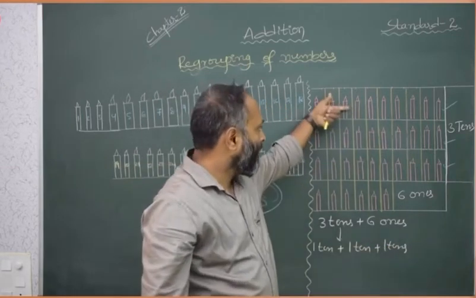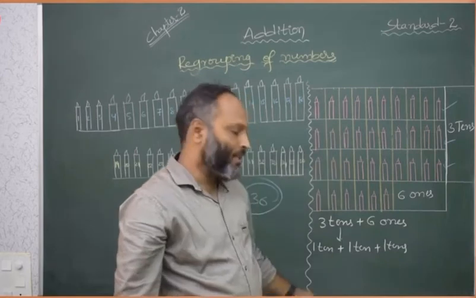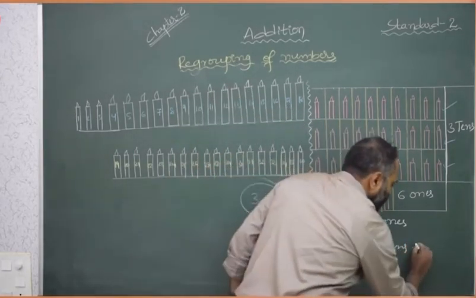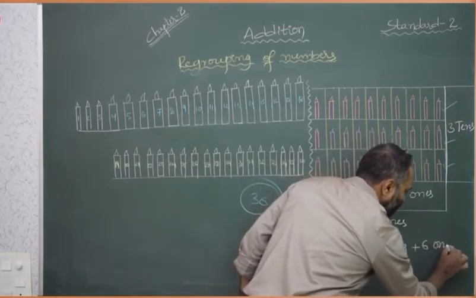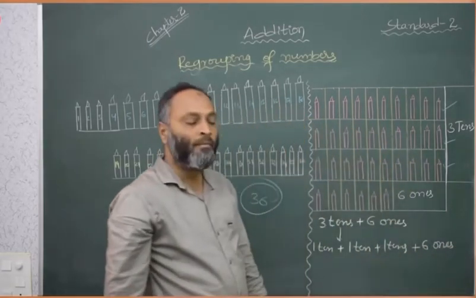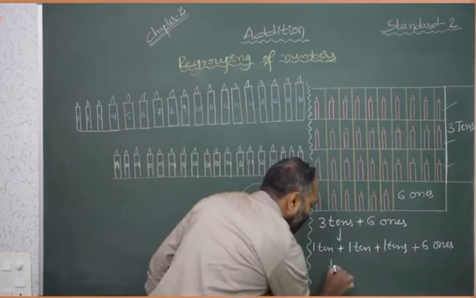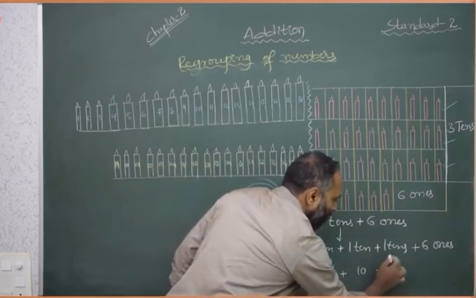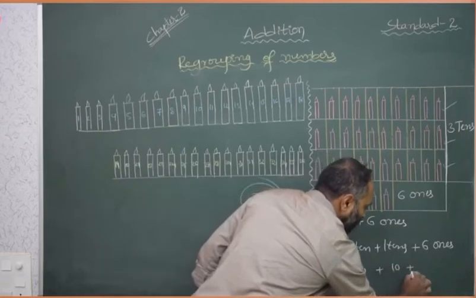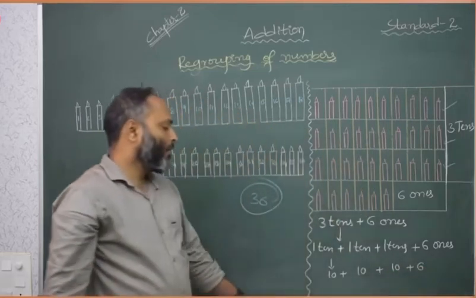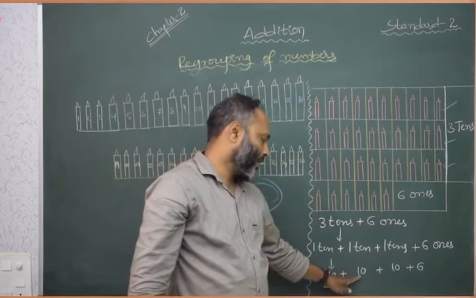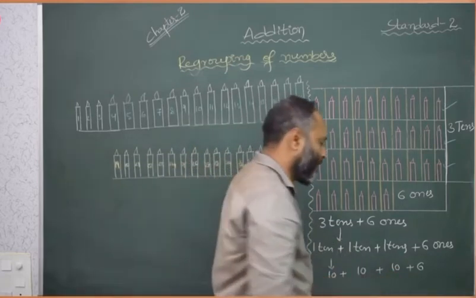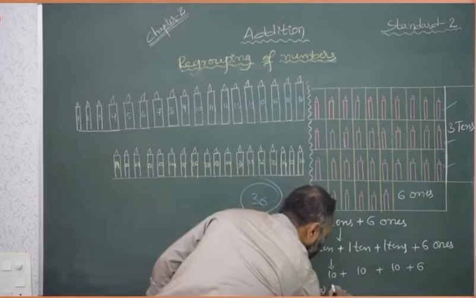Total 1, 2, 3. So like this, 10 plus 10 plus 10, and after that plus 6 ones. 10 plus 10 is 20, plus 10 is 30, plus 6. That is 36.